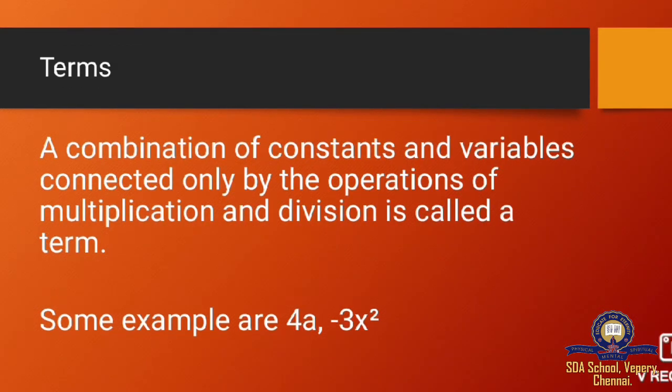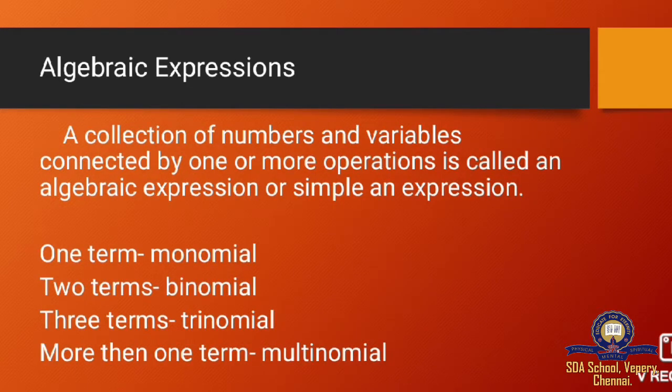A term is nothing but a combination of constants and variables connected only by the operations of multiplication and division. For example, 4a, minus 3xa, or we can also say 4 by y. So these are called terms. Okay. Next we move on to the algebraic expression.